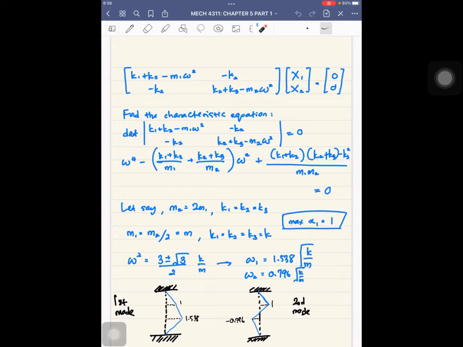Now, just to make it very simple, let's say that m2 is equal to 2m1 and k1 equals k2 equals k3. So basically we have the same k, and m2 is equal to 2 times m1. And our assumption over here is that the maximum amplitude for x1 is 1.